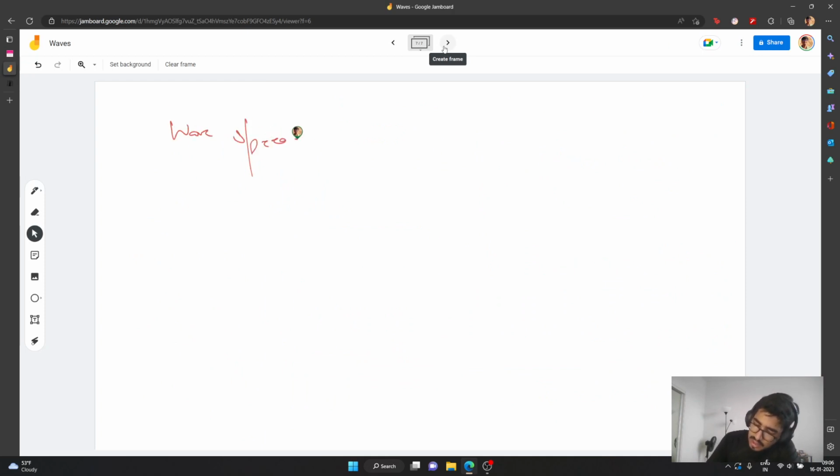Wave speed is actually an easy concept. You have a wave of wavelength lambda, right? How fast is this wave moving forward? Consider this point here, this blue point. Right now it is at rest, right? When this wave comes in, slowly this wave will move like this.